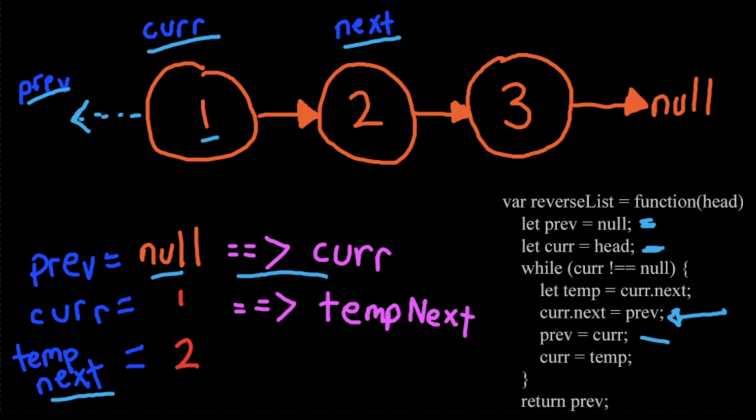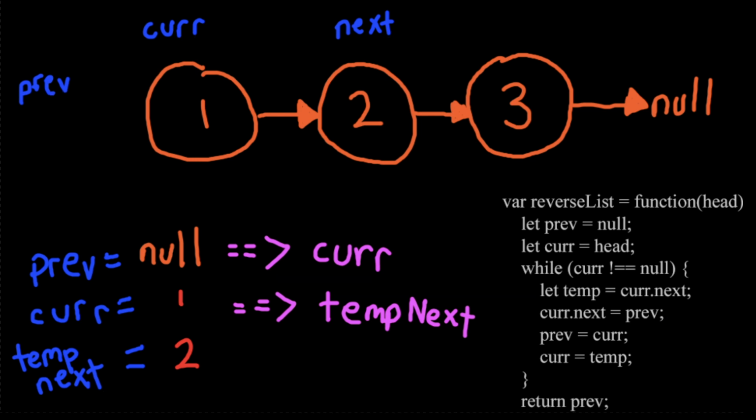It just means that the 3 variables that you see up top, everything's going to shift to the right by 1. And then you move the current to the temporary next, which we saved right here, which is 2. So current becomes temp next. It might seem a little confusing right now, but when you see step 2, you'll see that it makes a little bit more sense.